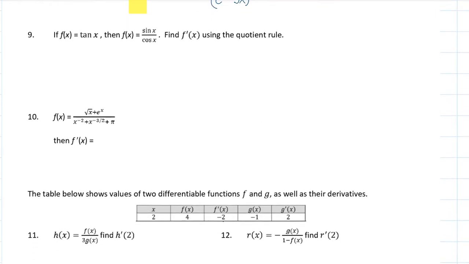If f of x equals tangent of x, then f of x equals sine x over cosine x. Remember, tangent is sine over cosine. We want to find f prime of x using the quotient rule. So here is a brand new derivative. We already know the derivatives of sine and cosine. We're going to do tangent. f prime of x is equal to the derivative of the top.